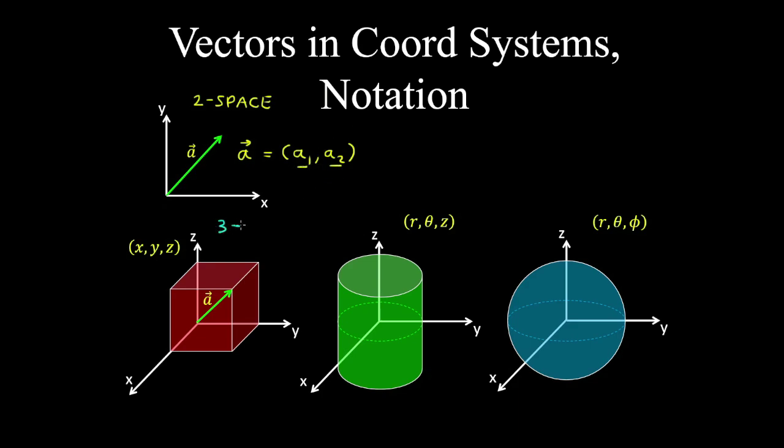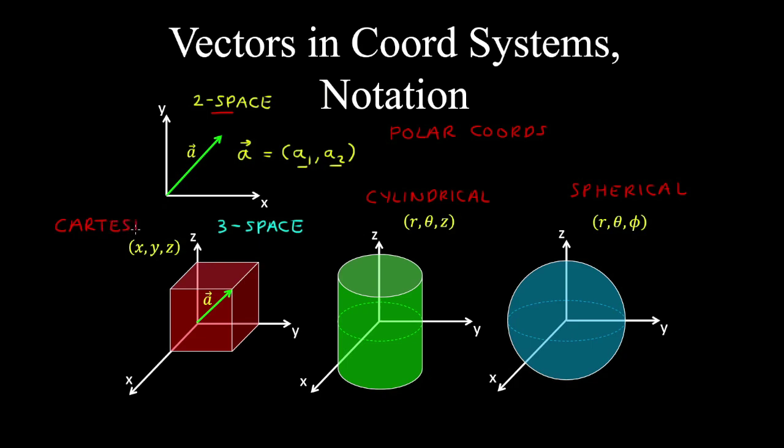Now in 3 space, or 3-dimensional space, noting that there are also different coordinate systems in 2 space, such as polar coordinates, which are extended to 3 space as cylindrical and spherical polar coordinates, we'll generally visualize the vectors in 3 space using Cartesian coordinates.